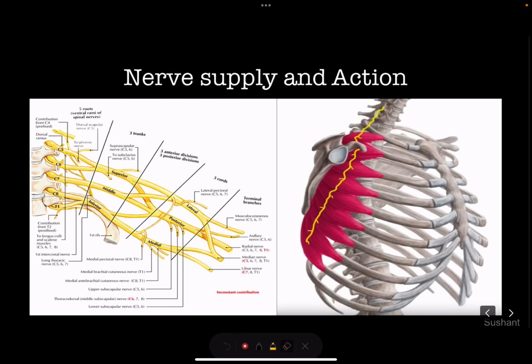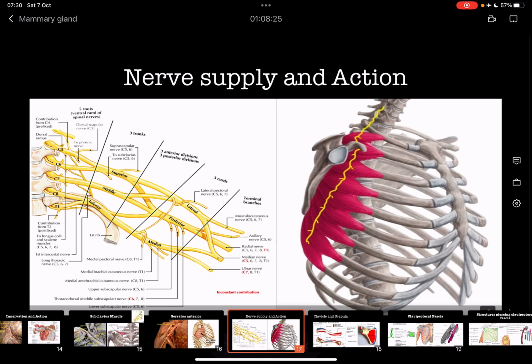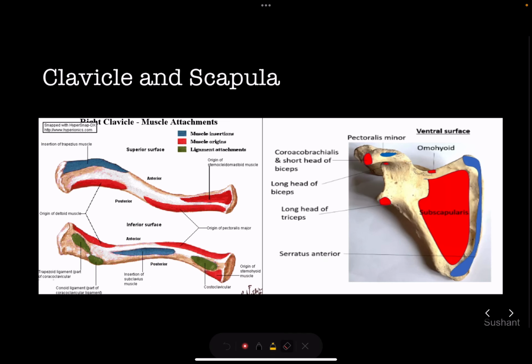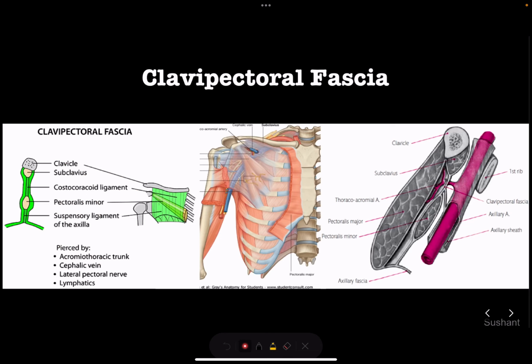The nerve supply we discussed, and the clavicle and the scapula. You can see the subscapularis muscle on the undersurface, and the clavicle with the different muscles attached to it. Because it is not relevant here, I'm not discussing further.